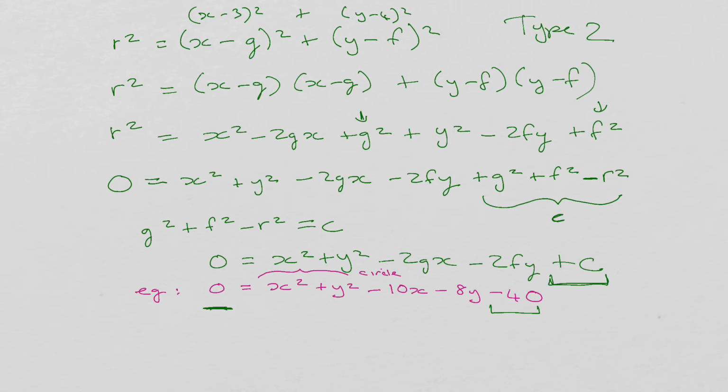So we called this thing over here c. If you think about it, you have c is equal to g squared plus f squared minus r squared. If you solve for r, then I'm going to have r squared on this side, and on this side I'm going to have g squared plus f squared minus c.